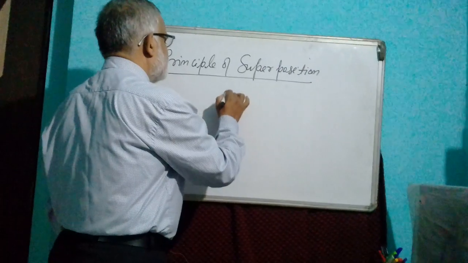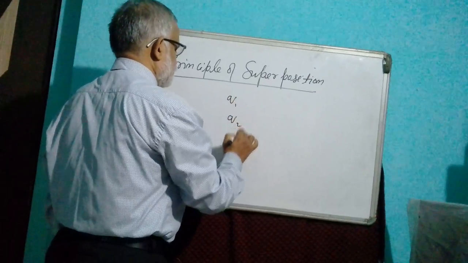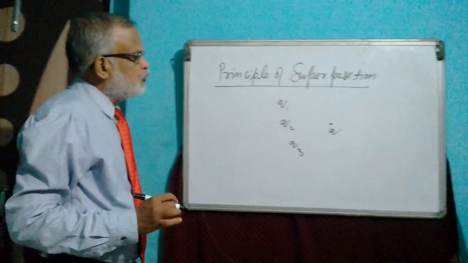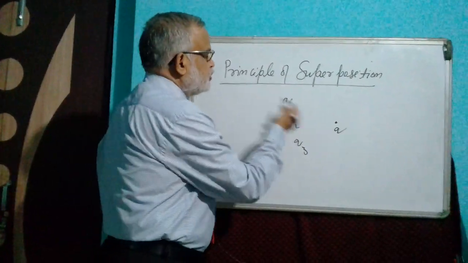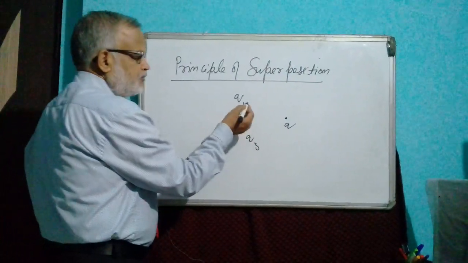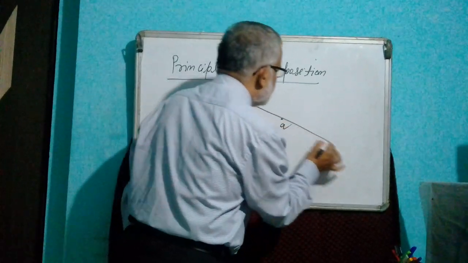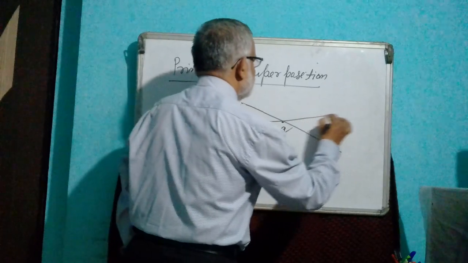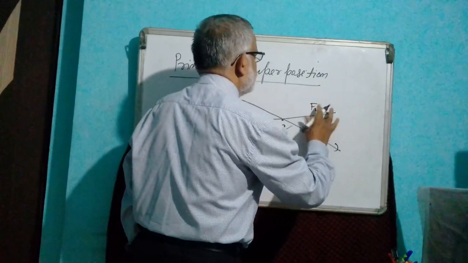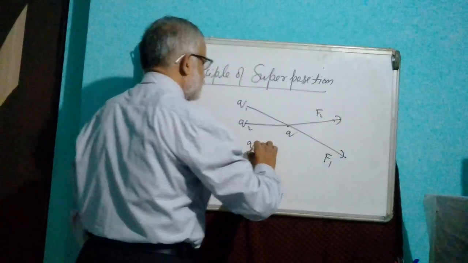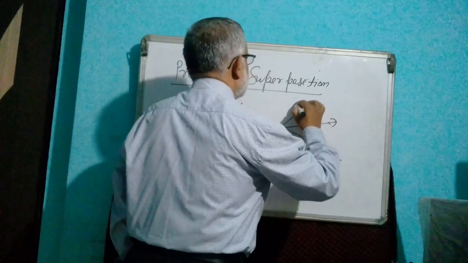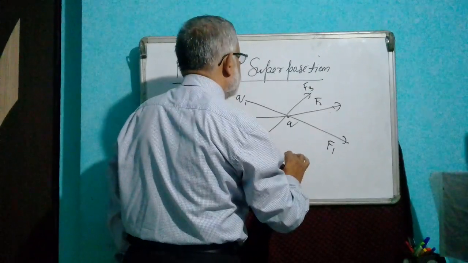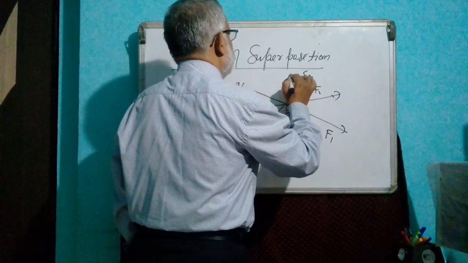When many charges Q1, Q2, Q3 exert a force on charge Q, let the force applied by charge Q1 be F1, by charge Q2 be F2, by charge Q3 be F3, and by charge Qn be Fn.